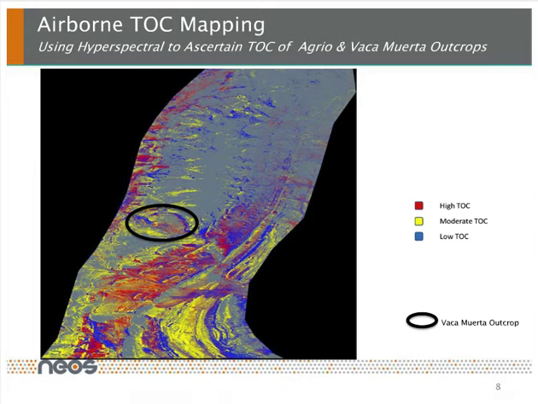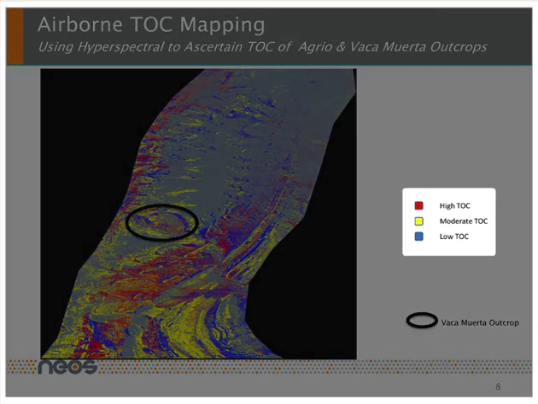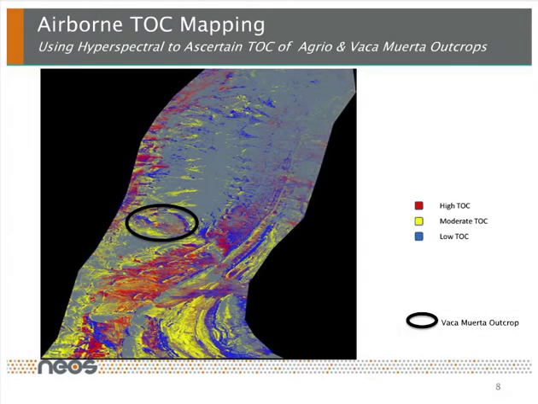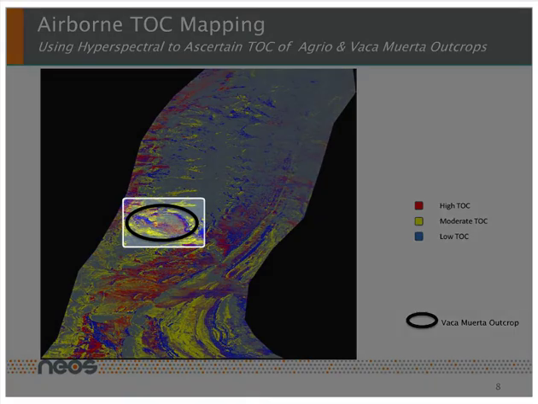This slide is one of the results of the said classification. On the right-hand side, we can see that red, yellow, and blue are high, moderate, and low TOCs. The slide itself is dominated by the outcrop of the Agrio formation, but within the oval we see an outcrop of Vaca Muerta.